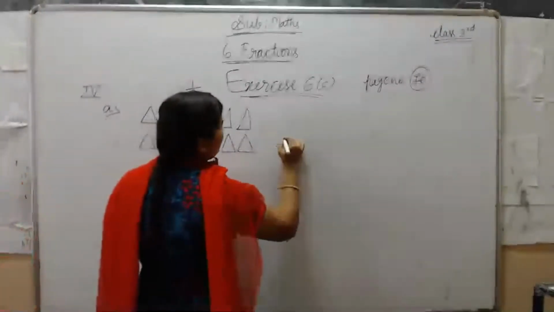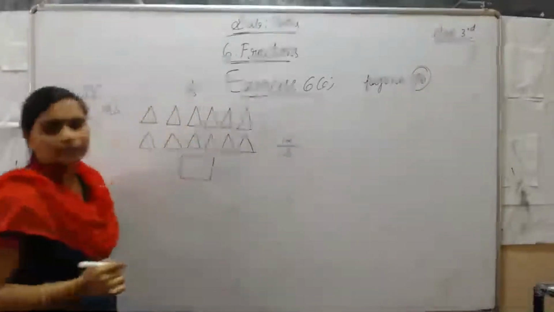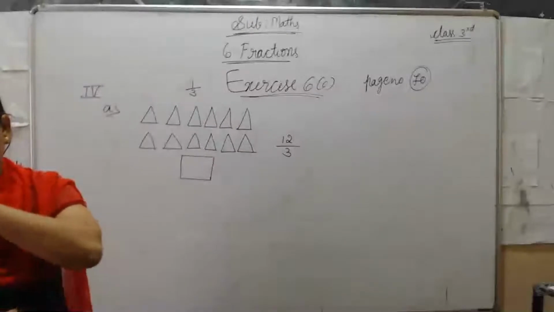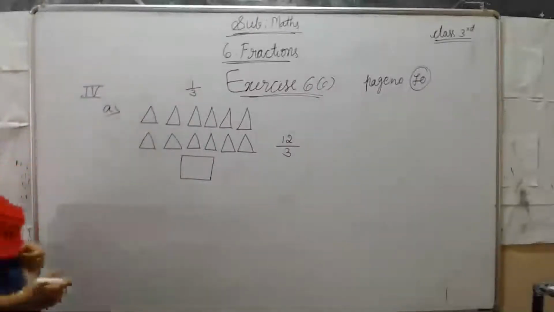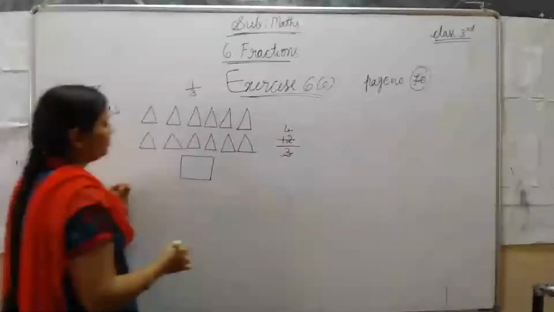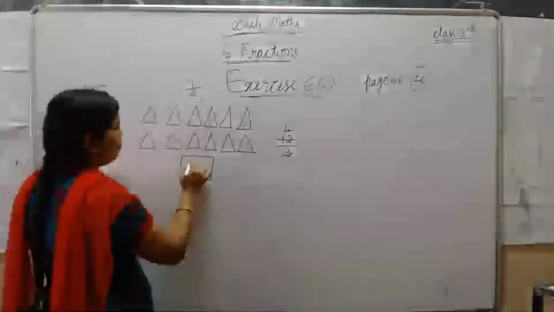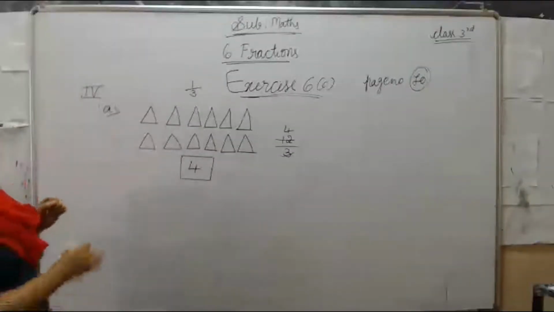We have 12 objects. It can be divided into 3 equal parts, that is 12 by 3. 3 ones are 3, 3 fours are 12. We get 4 objects in each part.